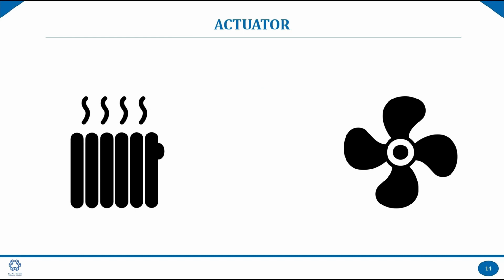The next item is actuator. In a cooling heating system, the heater, the cooler, the fan, the radiator, and stuff like that are actuators. They have different types, and based on our usage and budget, we can use one of them.